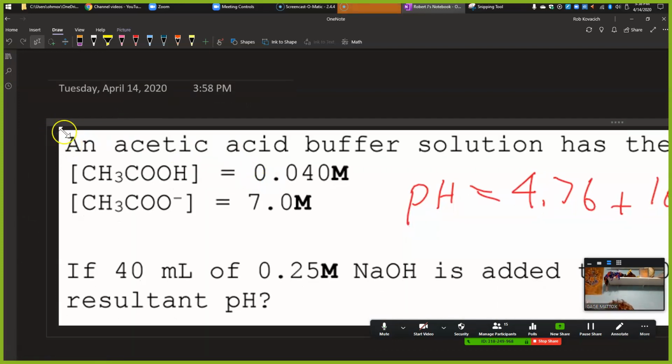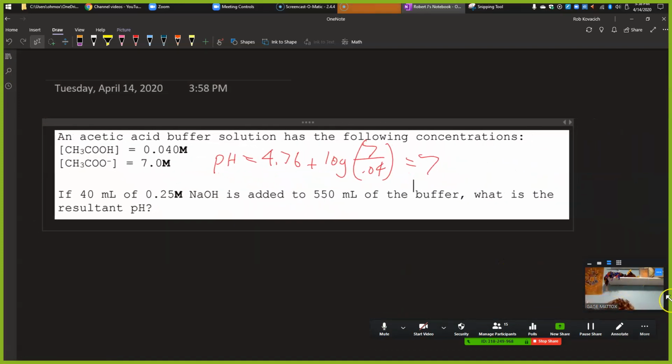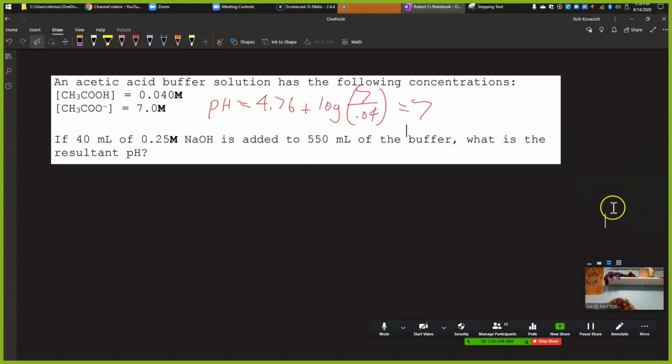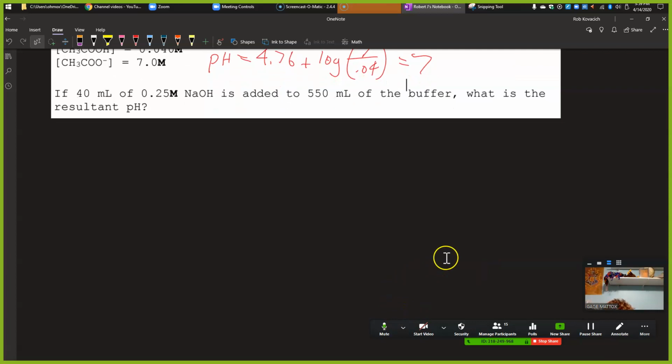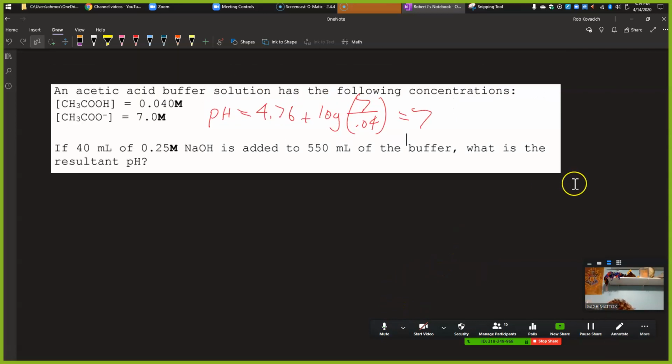Too big. All right, that's good. So what we're going to try to figure out is what happens to the pH of this solution now that it's a buffered solution. We're expecting the pH isn't going to change very much. So let's prove that.